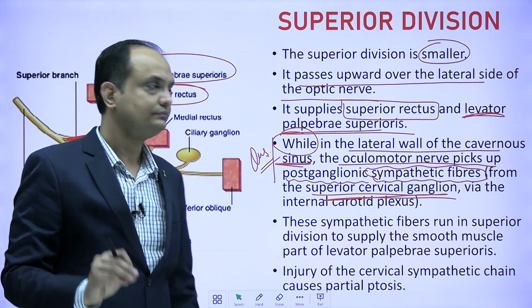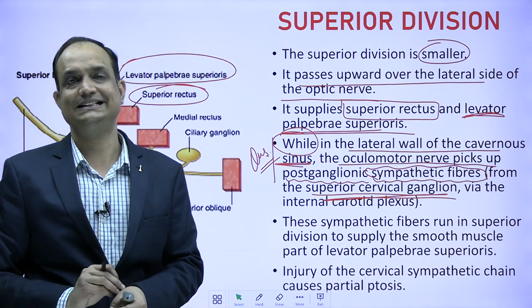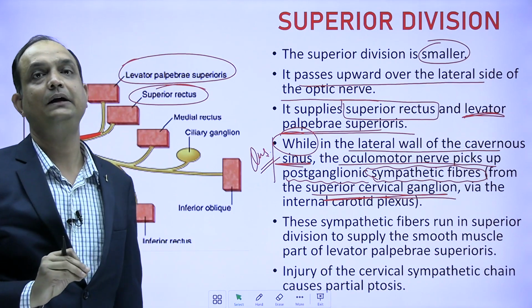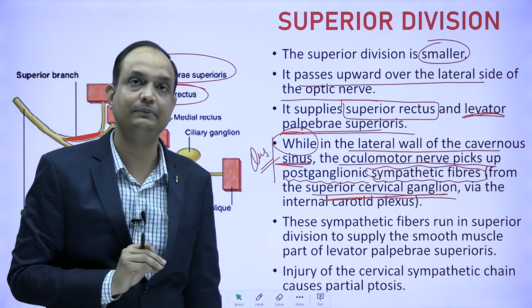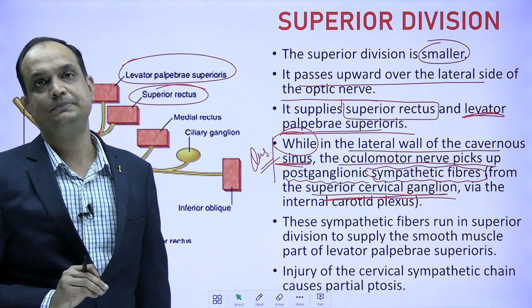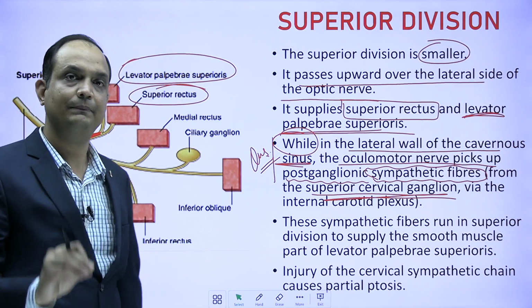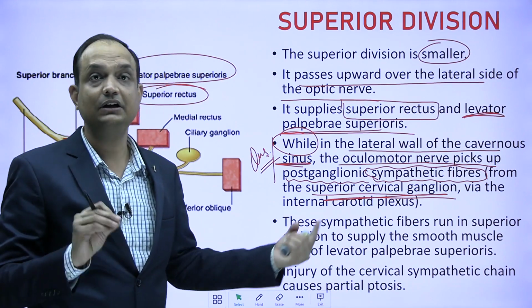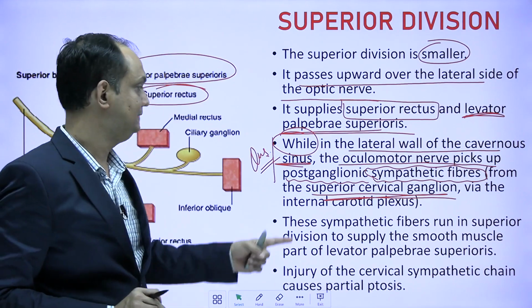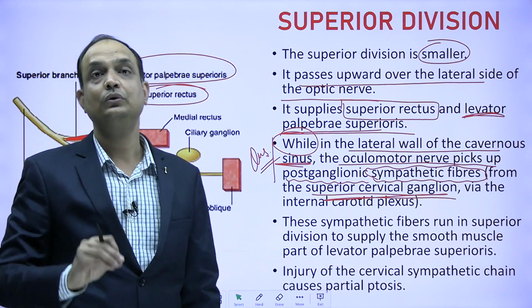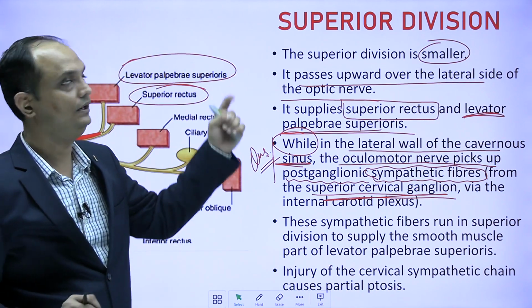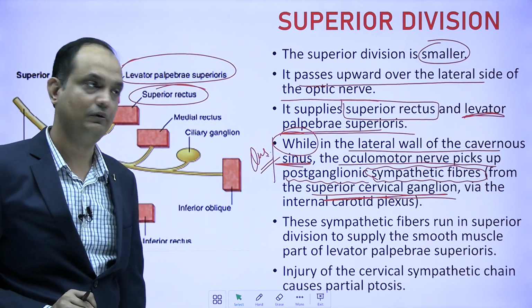Clear? This question comes in exams: how is the smooth part of levator palpebrae, a detached segment, supplied by sympathetic nerve? The answer is that the sympathetic source comes from the cavernous sinus, where you have the internal carotid plexus, and this plexus approaches the muscle with the help of the superior division of the oculomotor nerve.